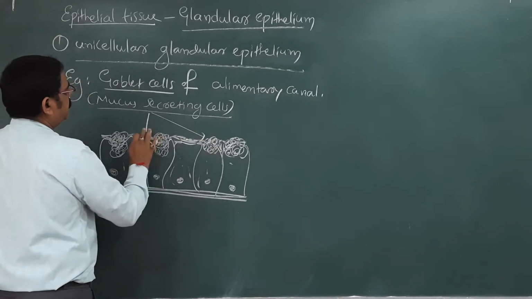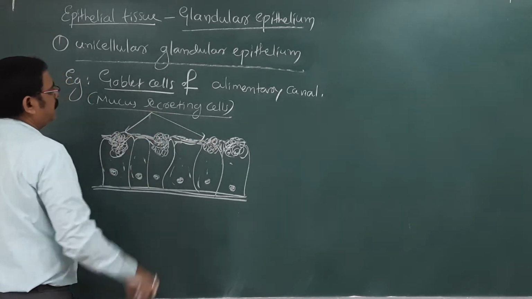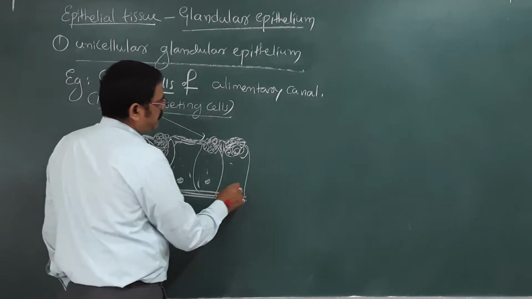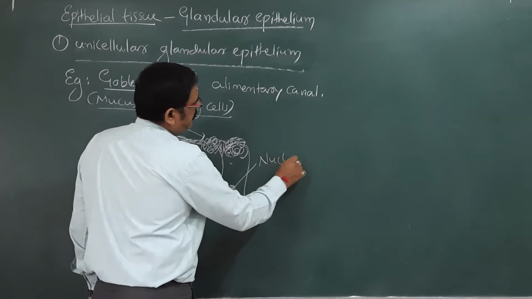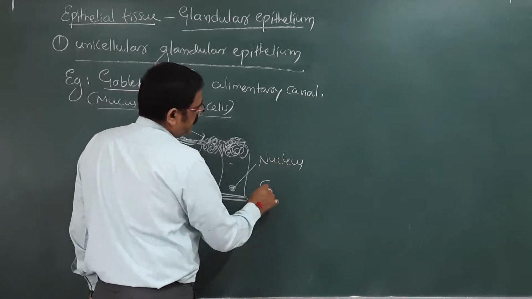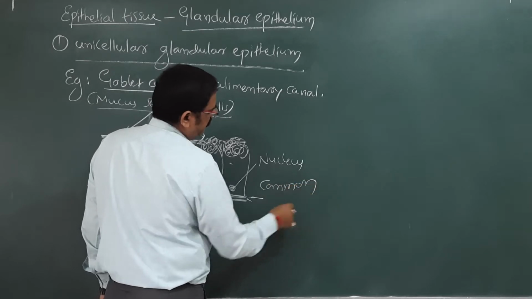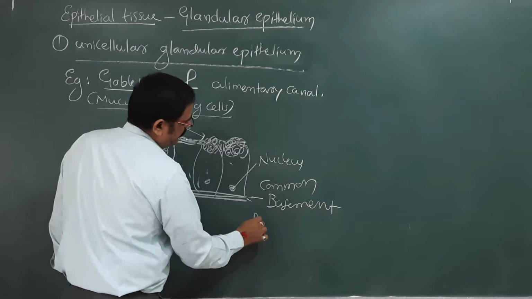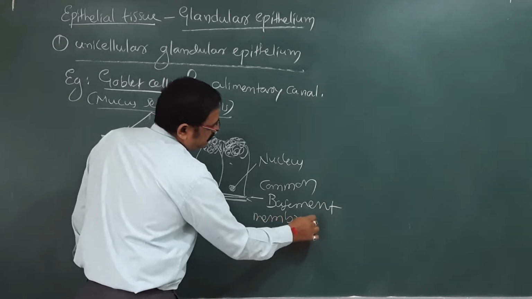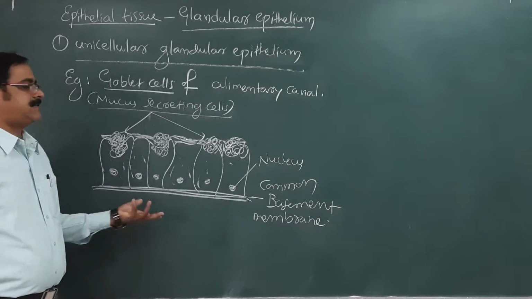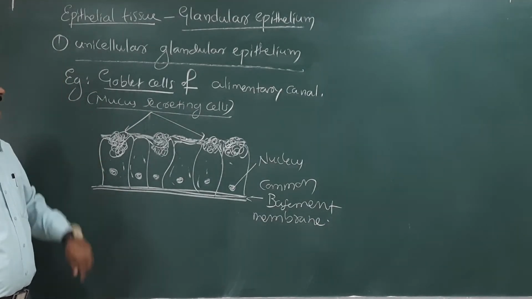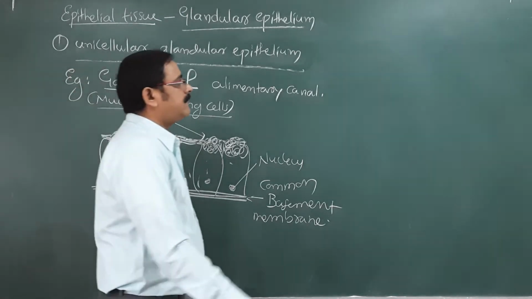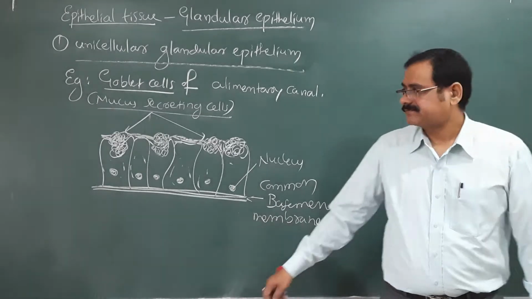So here we are observing the mucus secreting cells, also called goblet cells. They have a nucleus and a common basement membrane. This is the basic structure of the unicellular glandular epithelium. What does it reveal to us?